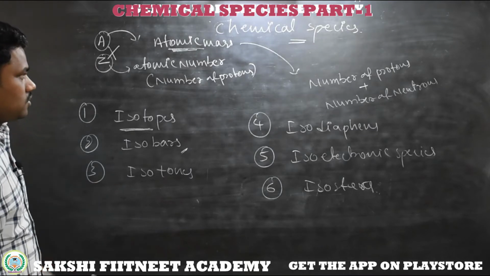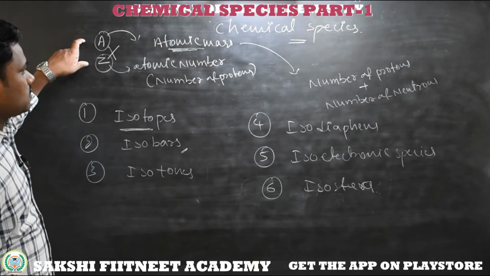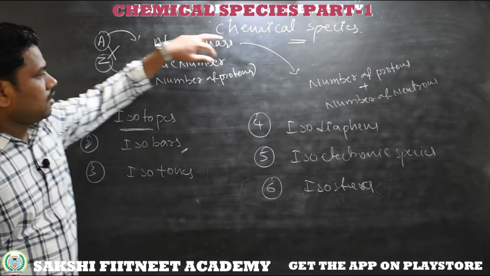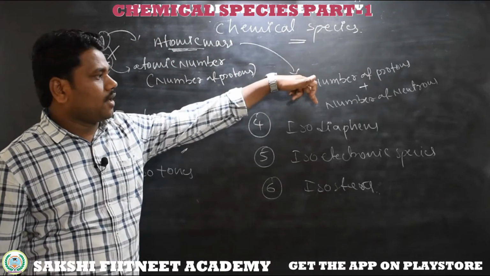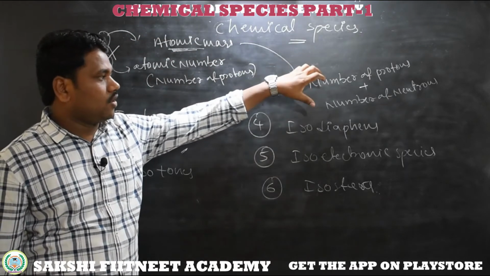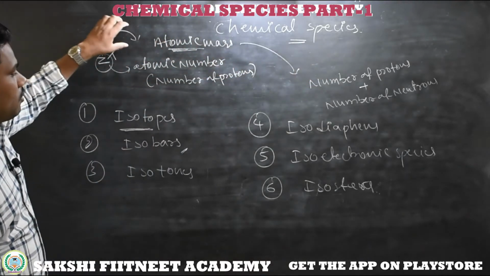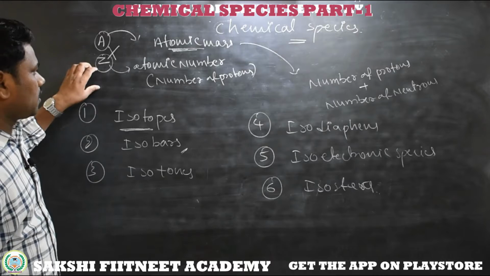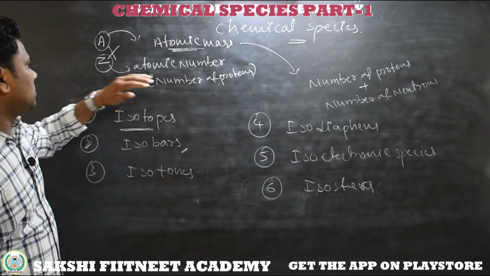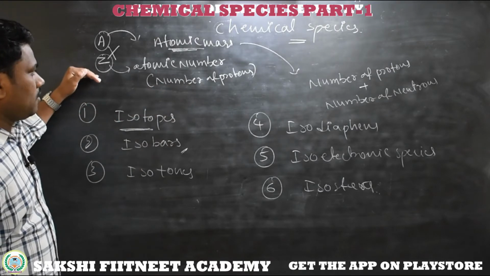What are isotopes? Have you understood atomic mass: the number of protons and the number of neutrons, which are called nucleons, the mass particles present in the nucleus, called atomic mass. The number of protons present in the nucleus is called atomic number.